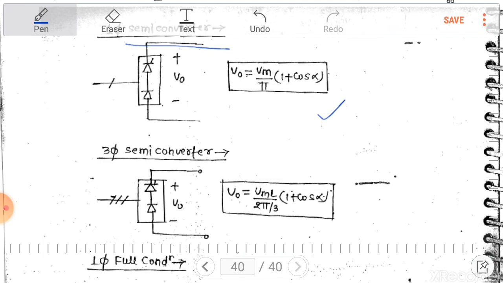And for three phase semi converter, it is Vml by 2 pi by 3, where 2 pi by 3 is the time period, into 1 plus cos alpha. So here we can see peak magnitude divided by the time period. Here the time period is pi and here 2 pi by 3, and other things remain the same, 1 plus cos alpha.